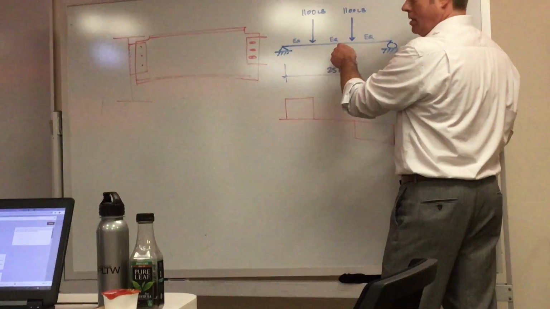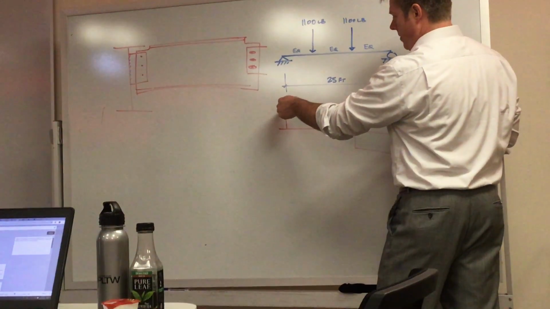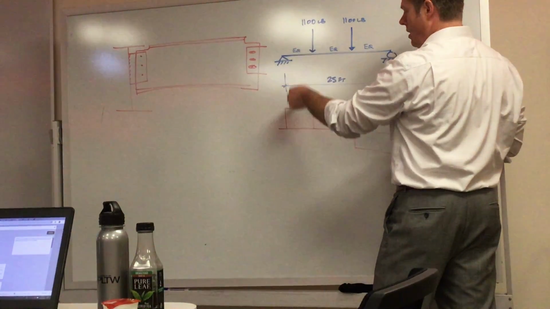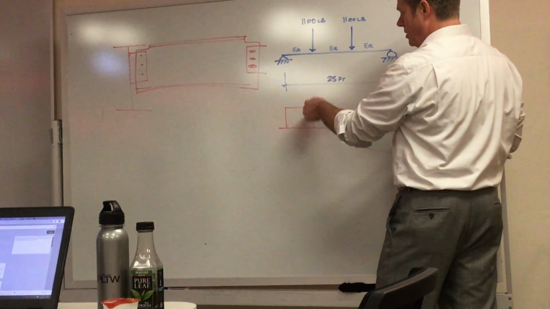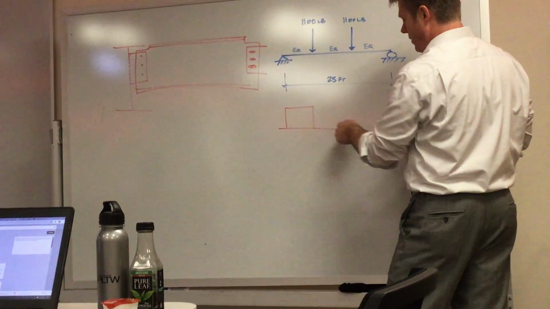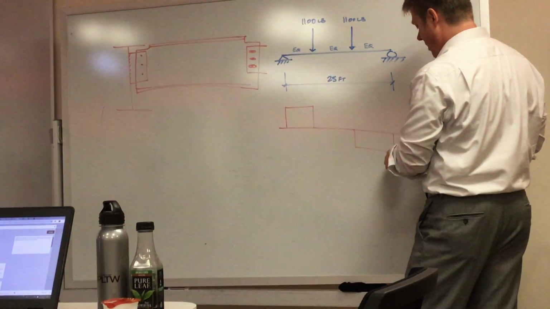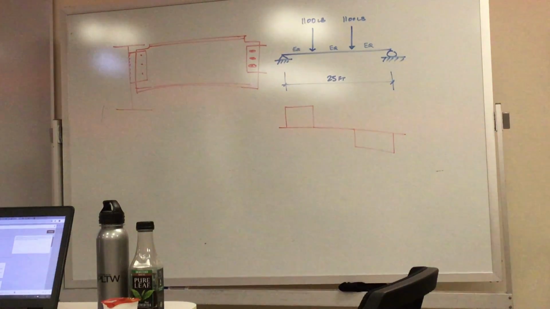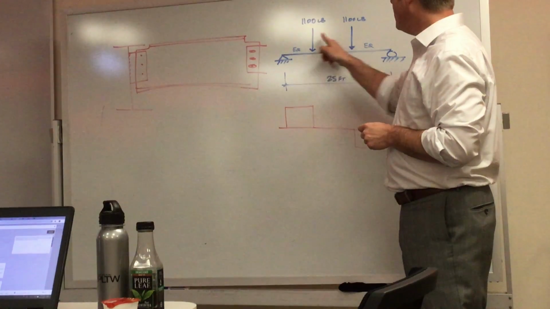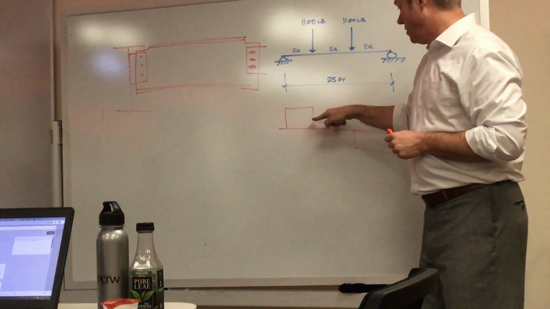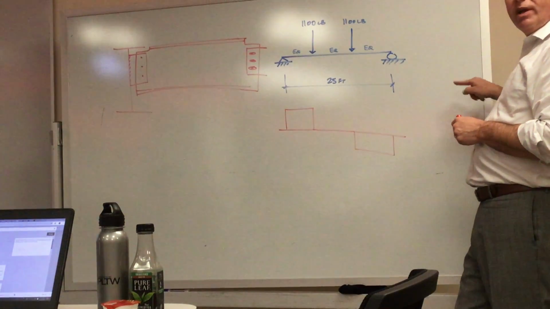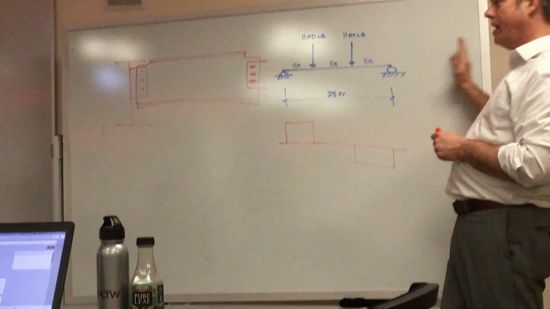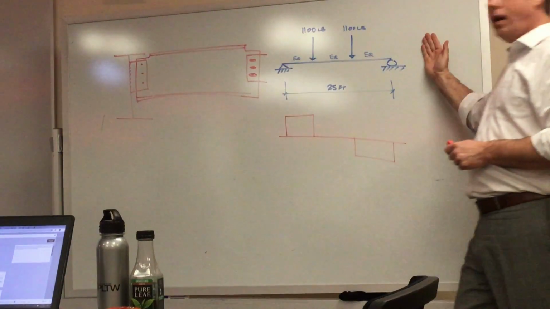It's great to use in buildings. Spike up, then constant because nothing's happening between that point and that point. Spike down, nothing's happening. Spike down, nothing's happening. Spike back up as the reaction at the end. If there's no loading in between points, just keep going straight on your shear diagram, because the shear diagram is the measure of the shear as a function of the length of the beam from 0 to L.